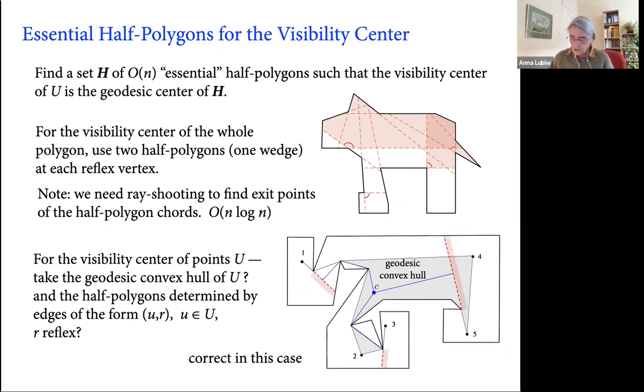My point 3 is adjacent to a reflex vertex of the original polygon, and I would extend that ray, and so on. Now, in this particular example, I do get the 3 half polygons that are the critical ones for determining the center point C. So this idea seems to work in this example. It doesn't work in general.